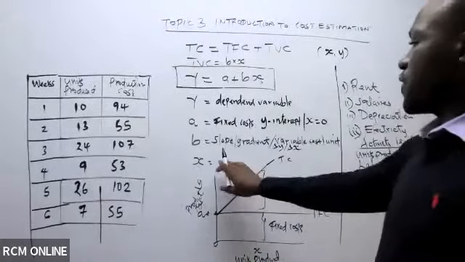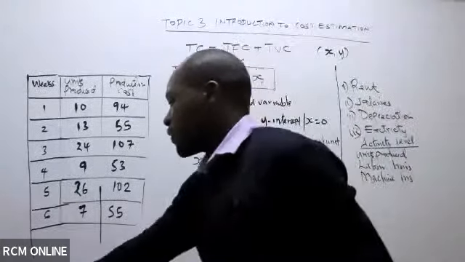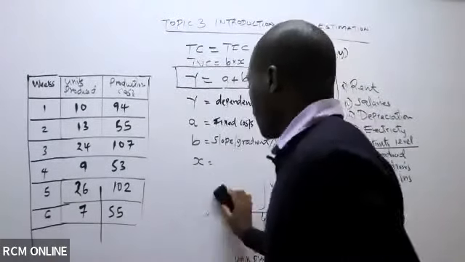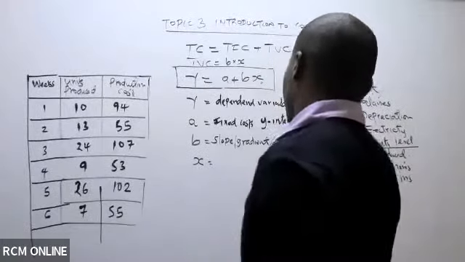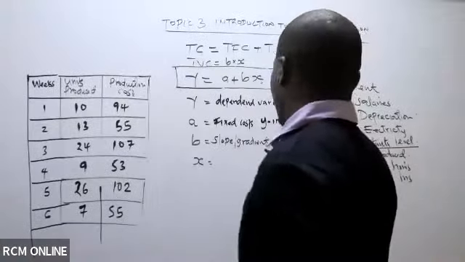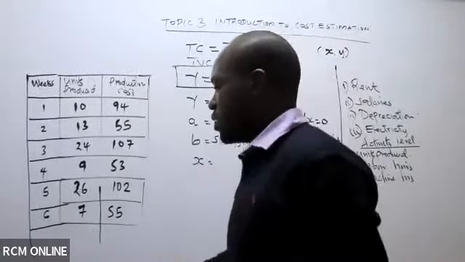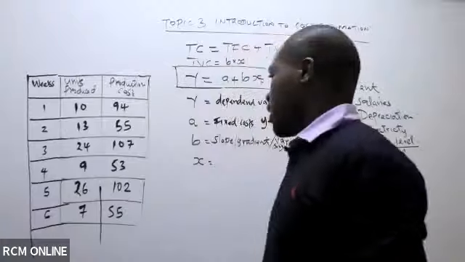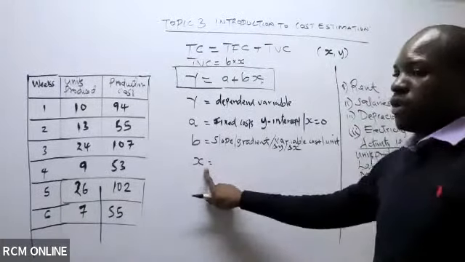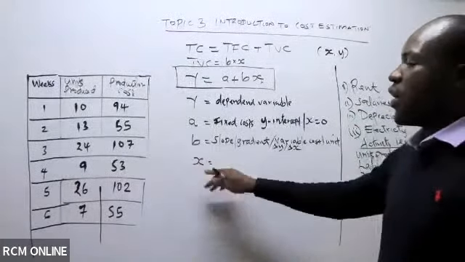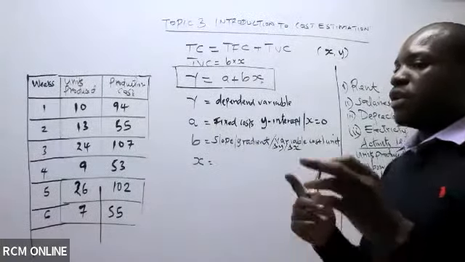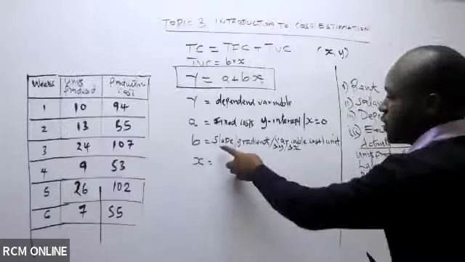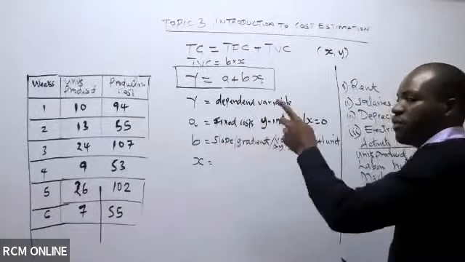Good. So what is this X? It is so powerful. In any cost function, X is the most powerful tool, because without X, everything will be constant. We've talked about slope or gradient of the curve.